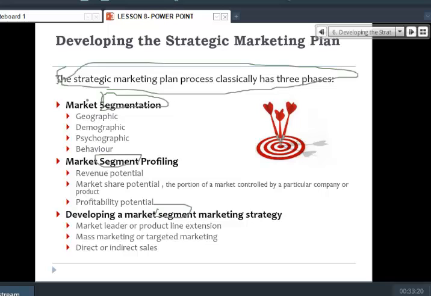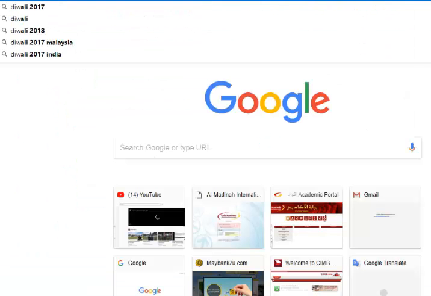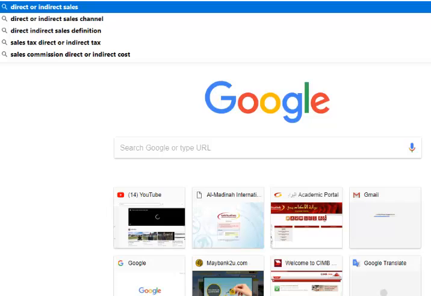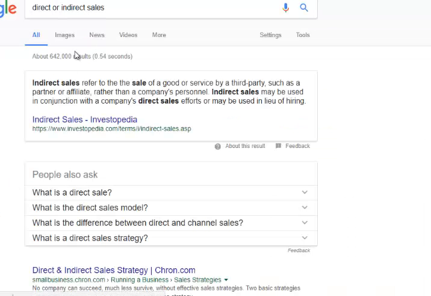You need to know whether you are selling direct or indirect sales. The indirect sales refer to the sales of a good or service by a third party. So you are selling your product by someone else.